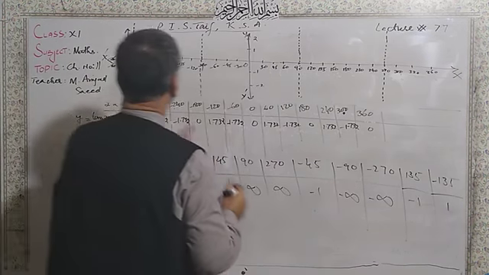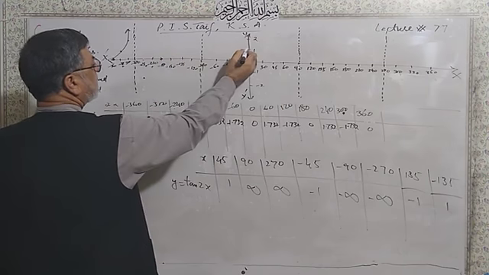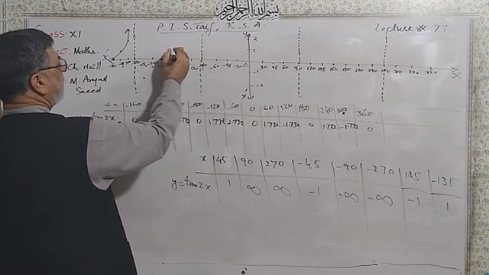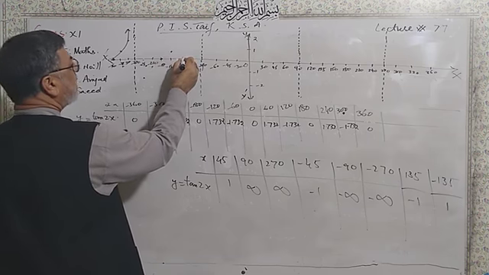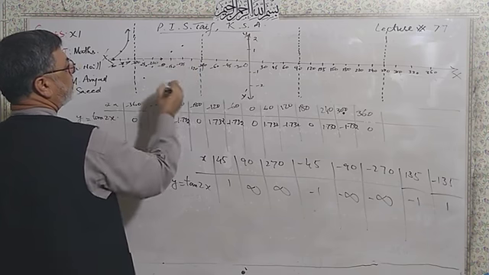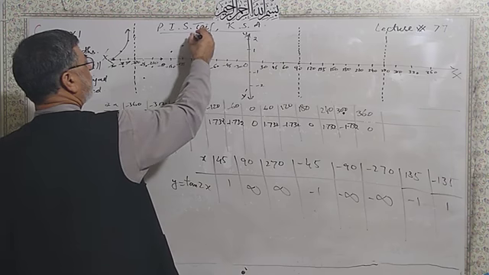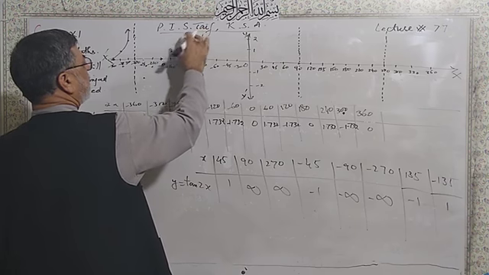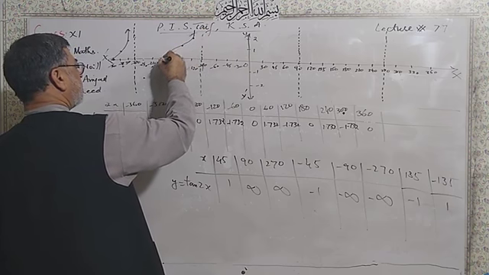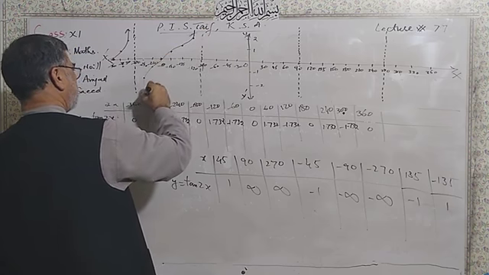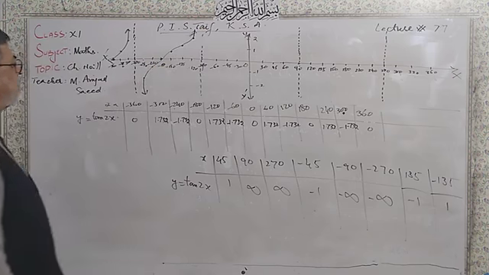Minus 150 is plus 0.6. This is 1 and here 0.6. Minus 135 is plus 1 and minus 120 is 1.732. So the graph is like that. You join them. This is the graph.